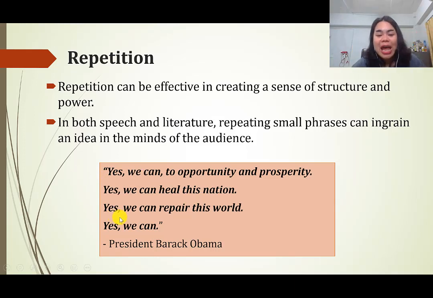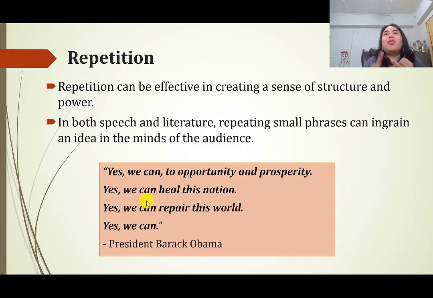See, we can, it's to emphasize again. So next time, the image we have of the president is not that he can heal the nation or repair the world, not as much, but what is stuck in our head is a phrase: we can. So when we see Obama, we see the possibility, we see that he includes us as his support.